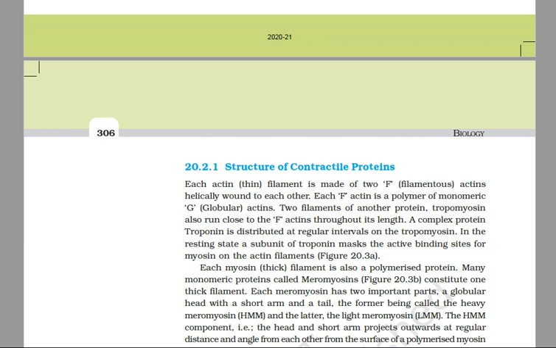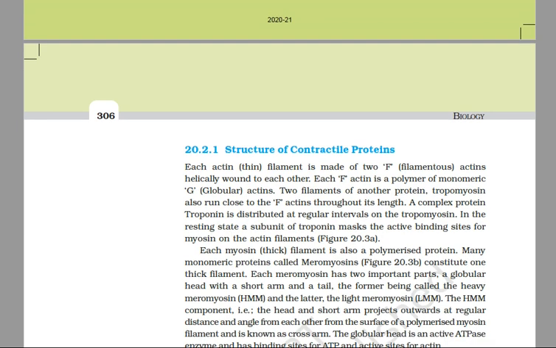The 2 heavy chains are coiled around each other, forming a double helix, and one end of each of these chains is projected outwardly and is known as the cross bridge. This end is folded into a globular protein mass called the myosin head. Thus, there are 2 heads per molecule, and the other end is helical and is called the tail.